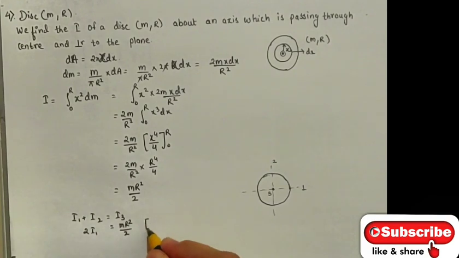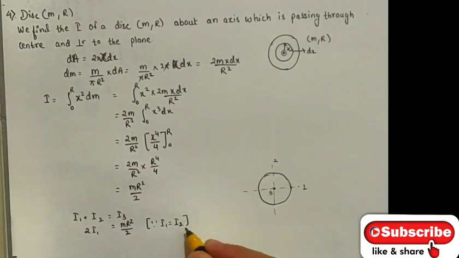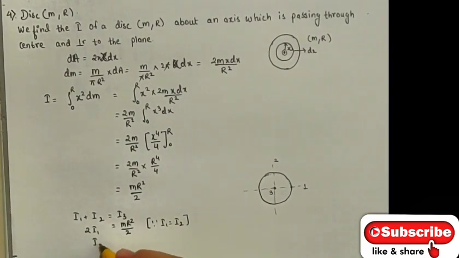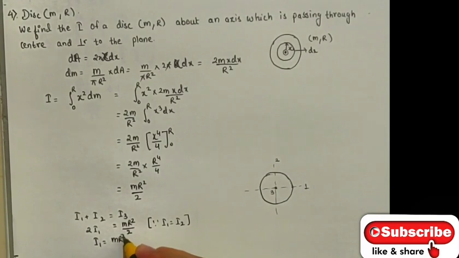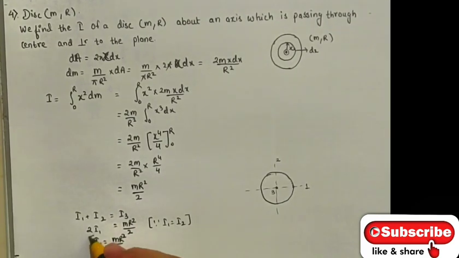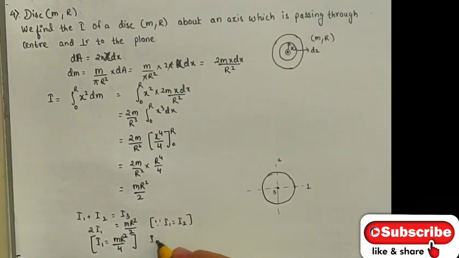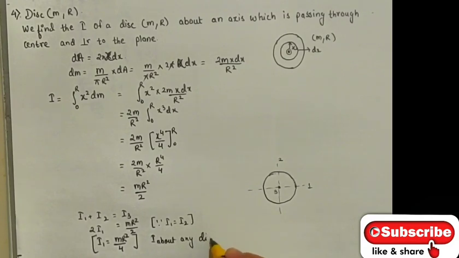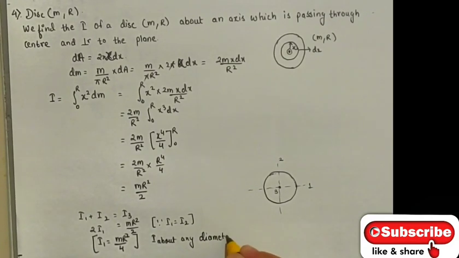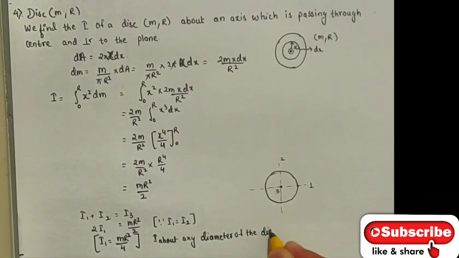Since I1 equals I2 because of equal mass distribution, I1 equals mr square by 4. This is the answer. So this is I about any diameter of the disk.